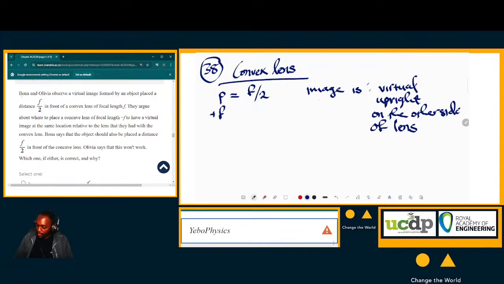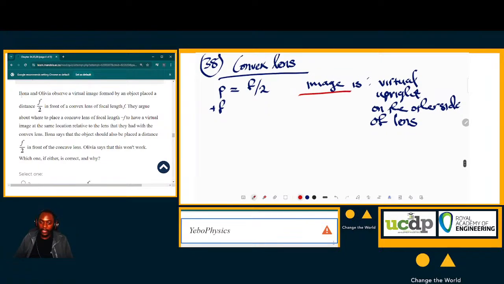So these are the characteristics of the image that is formed by the scenario that we have here. Okay, so this is what they did the first time.